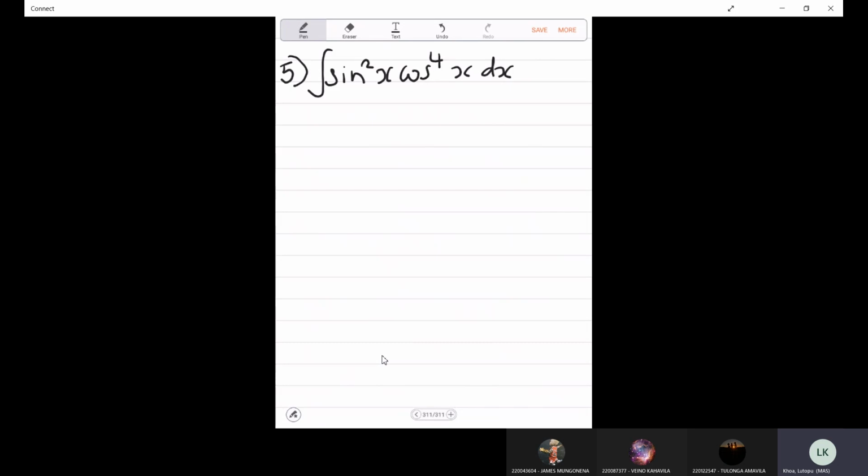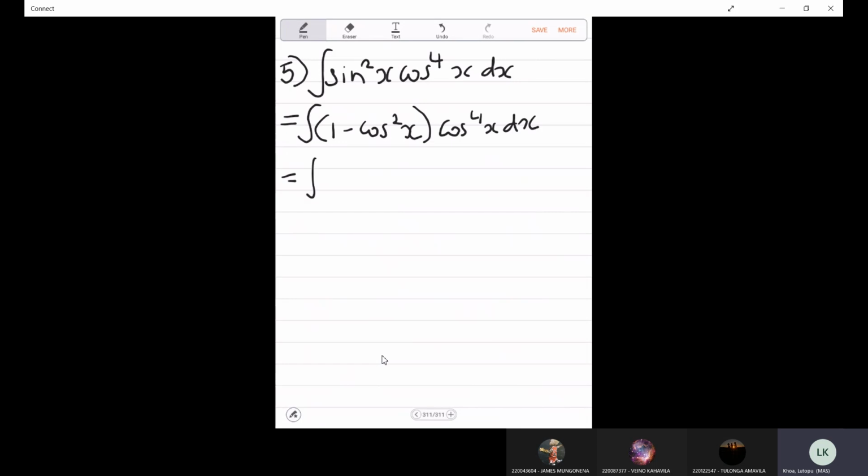So doing that, we have the integral of 1 minus cos squared of x, times cos to the power of 4 of x dx. Multiply this out.